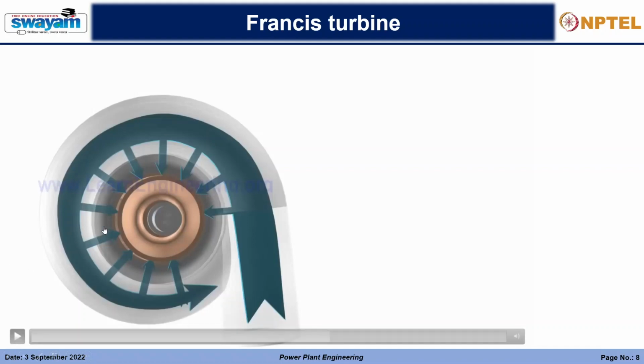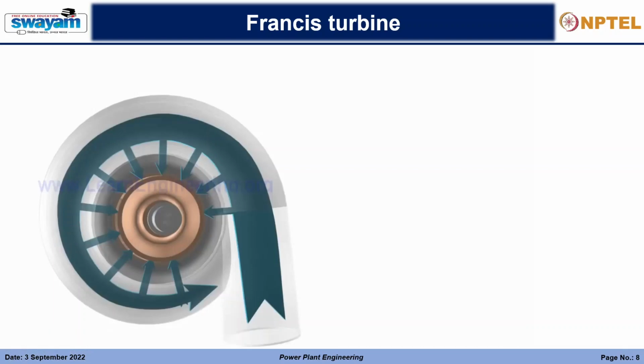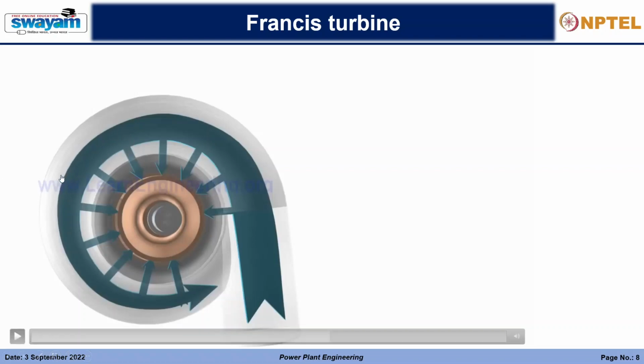We know that mass flow rate is equal to area into velocity, right? So the mass flow rate is decreasing, so if we also decrease the area, then we'll have a constant uniform velocity. That is why this is designed in such a manner.